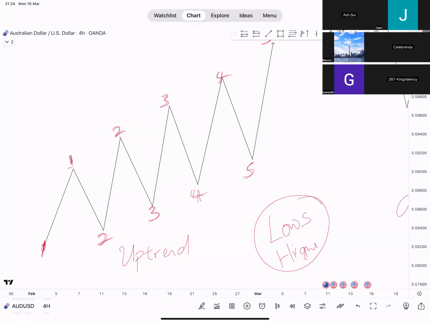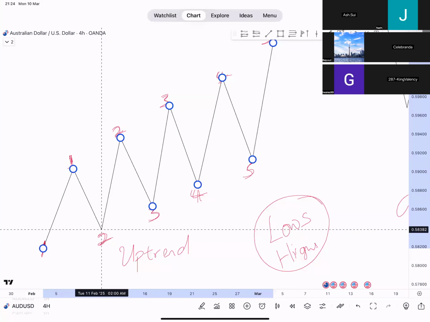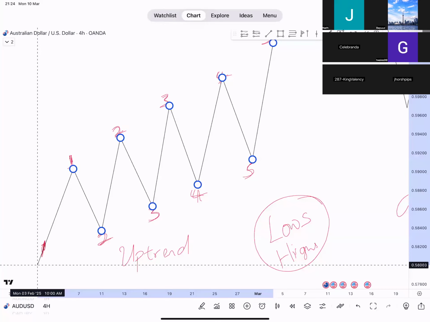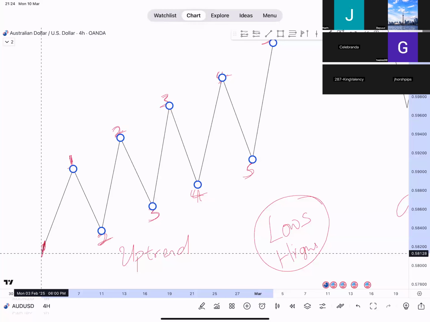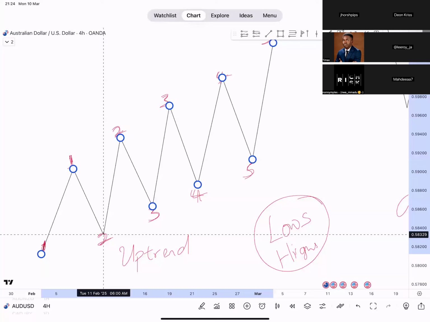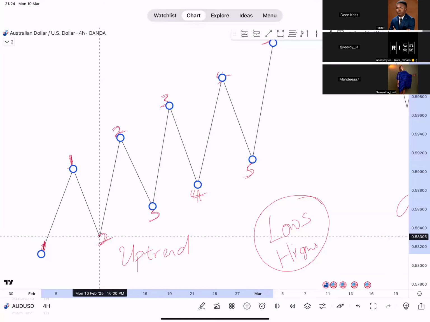But in this case, low 2 is higher than low 1. This is low 1, and low 1 is lower than low 2, which means that low 2 is higher than low 1.